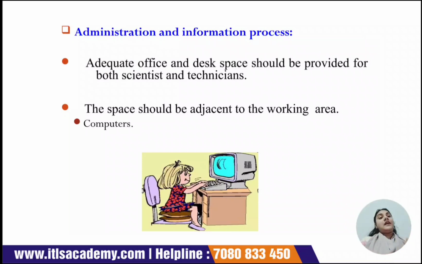That is the reason the administration and information area is needed, and it should be very close to the working area. This area also keeps records, which helps in the auditing processes.